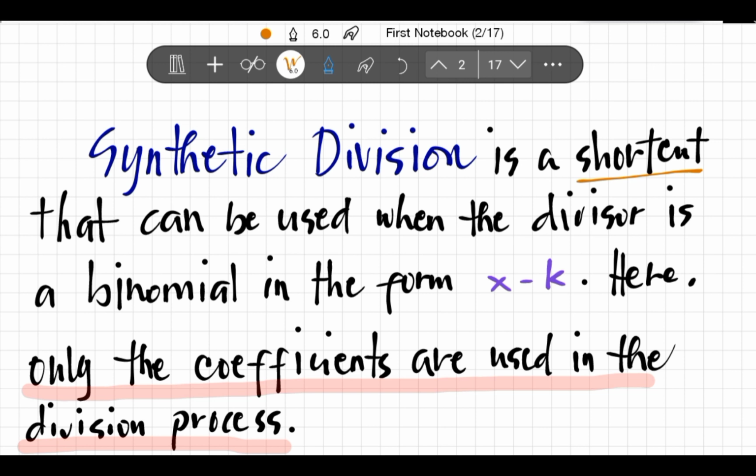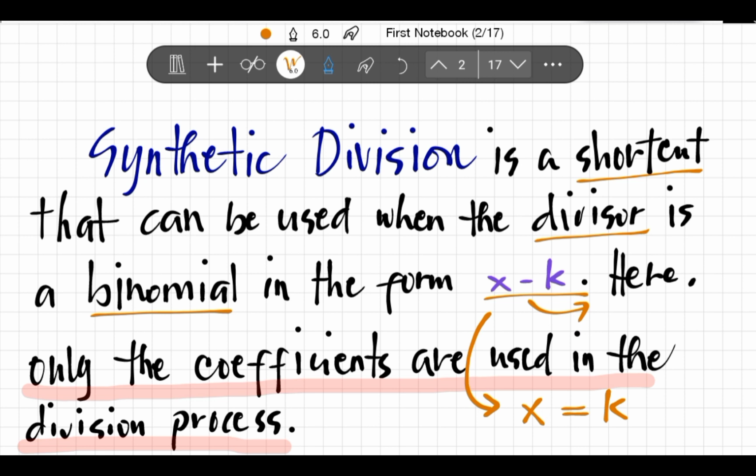Again, synthetic division is a shortcut that can be used when the divisor is a binomial. When we say it is a binomial, it is in the form x minus k, or a binomial is composed of two monomials. So this x minus k, we can rewrite it as x equals k if we transpose the negative k to the right.